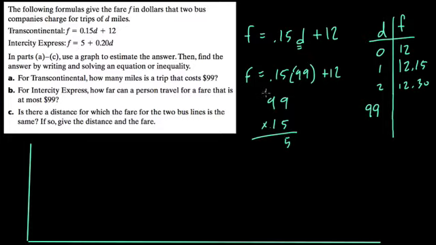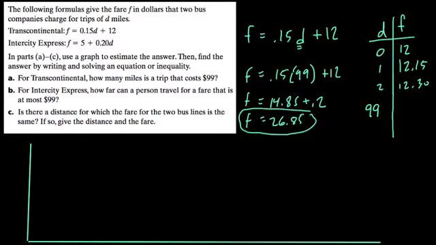We get 5, 45, and 4 is 49, then a placeholder and 9, 9, add them up, and we should get 14.85, then plus 12. 14.85 plus 12 equals 26.85. That was using the algebra to get the exact value, but we had it right there, so I went for it.